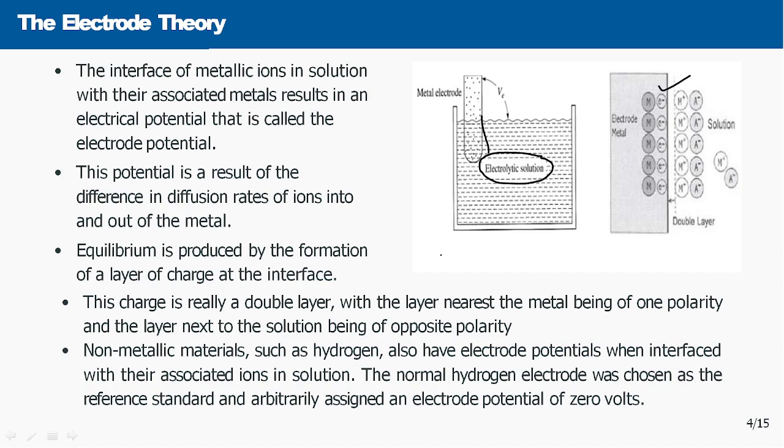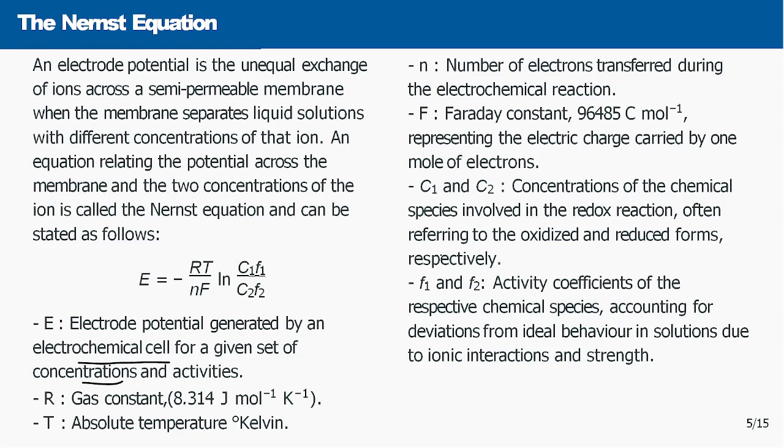Considering this double layer, we will see what happens across a semi-permeable membrane. When the membrane separates liquid solutions with different concentrations of the same ion, what will happen? An equation relating the potential across the membrane to the two concentrations of the ion is called the Nernst equation.